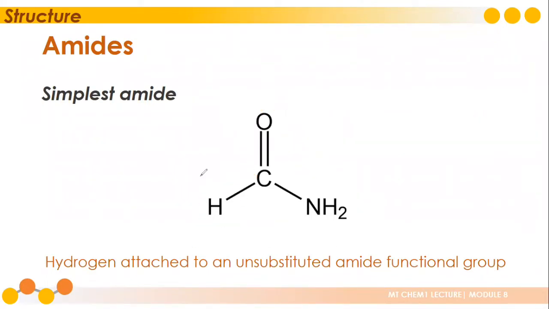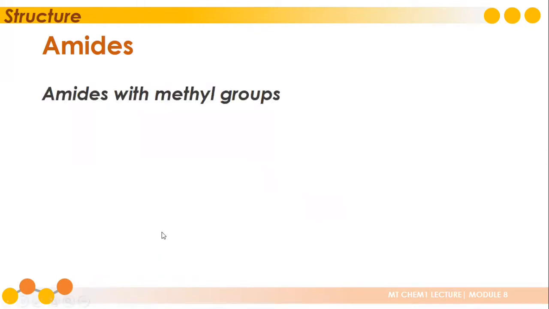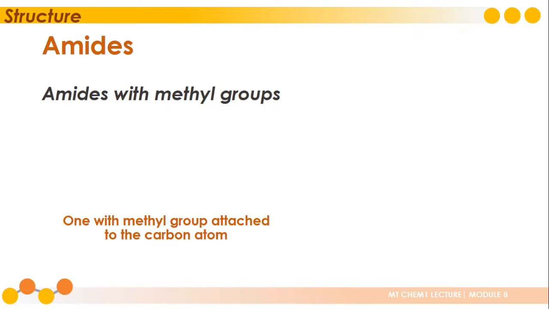Next is an amide with methyl groups. There are two types of amides with methyl groups, and their difference depends on the position of our methyl group. We have one with the methyl group attached to the carbon atom, wherein it looks like this.